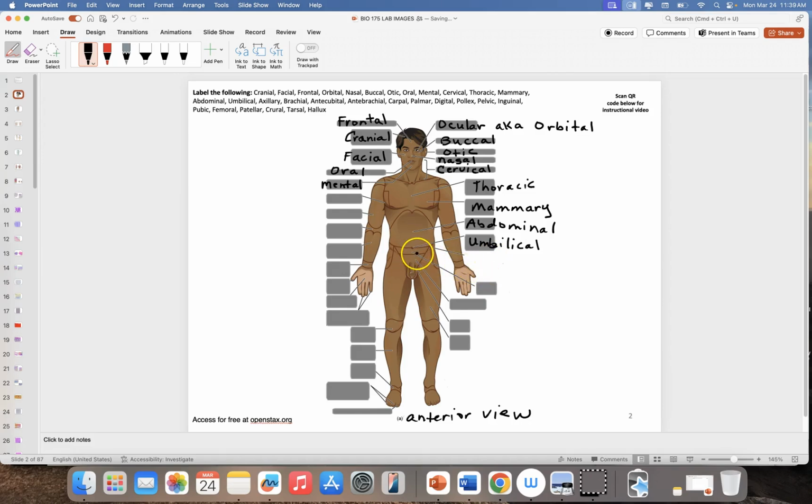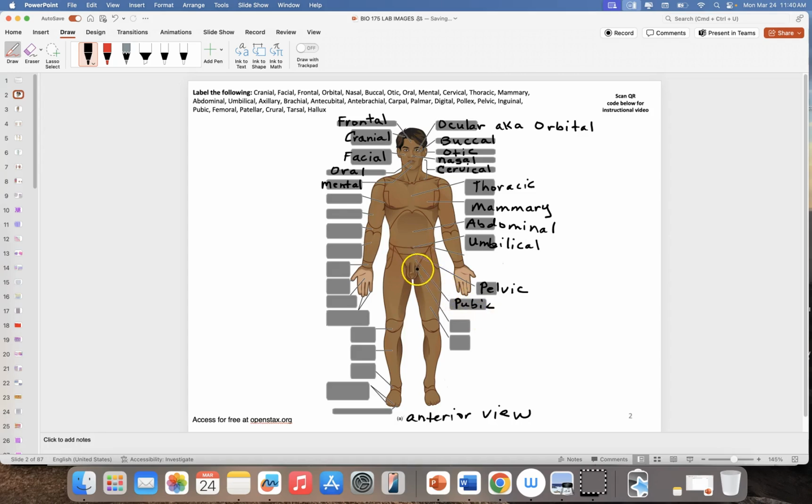And then next we have the pelvis. Pelvic is the anatomical landmark. Then we have the pubis area. We use the term then pubic.